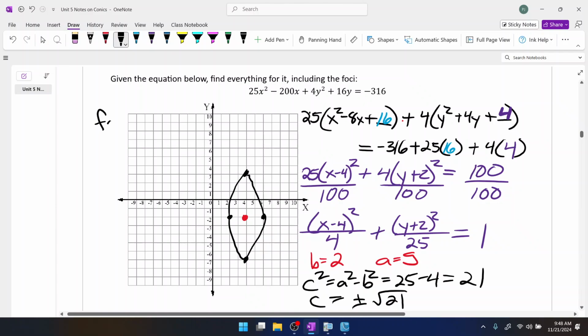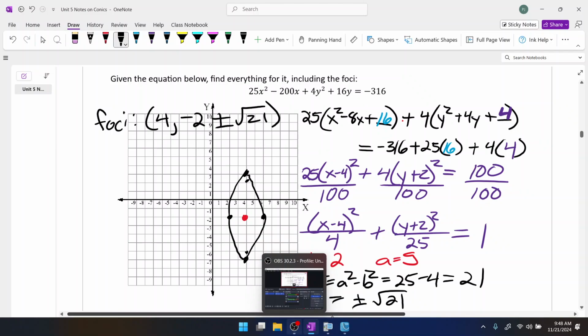So the foci are going to be located where x is going to be 4, and -2 plus or minus the square root of 21. You'll add square root of 21, which will put you somewhere about here, and subtract the square root of 21, which will put you right here. So you can give it to me as 2 separate coordinates. All right, so that's going to do us.